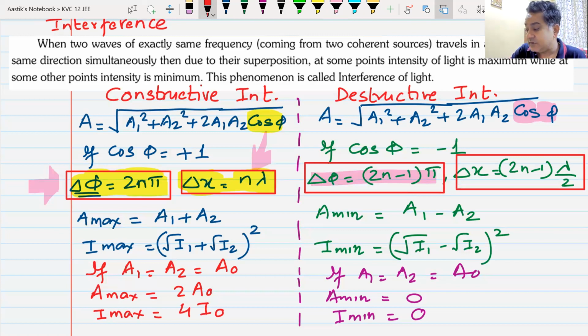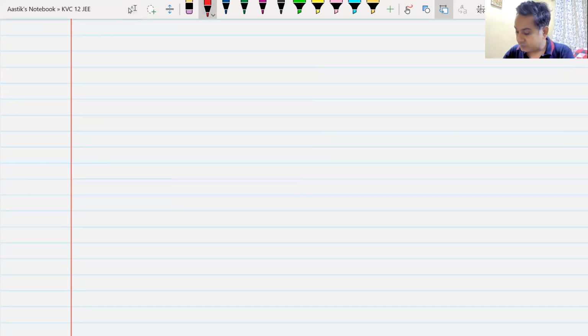Having said that, now we are going to move into the main point of this chapter, which everyone thinks this chapter is all about. Whenever we think about wave optics, the first thing that comes to our mind is YDSE, the heading for the class.